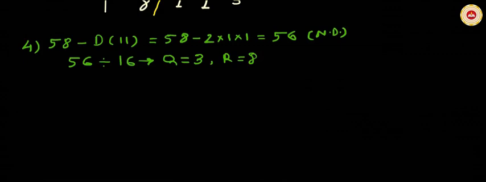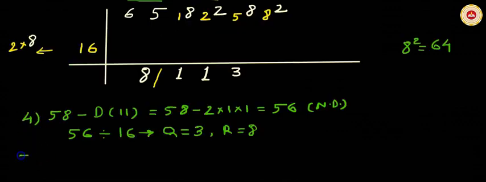Correct? So let us calculate the net dividend from gross dividend 82. 82 minus, how to calculate? Duplex of these three quotient digits, 113, that means 113.